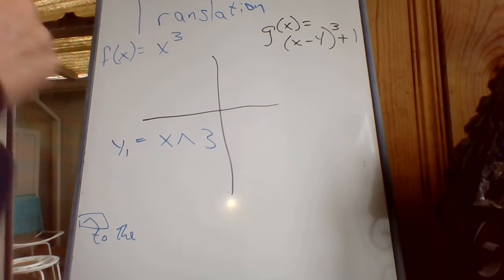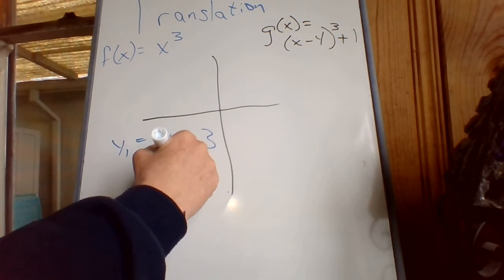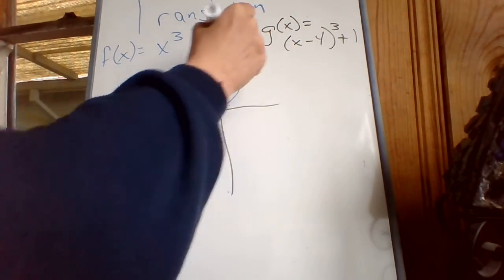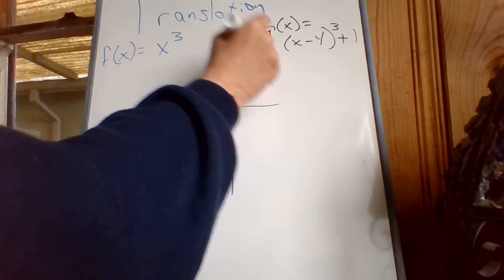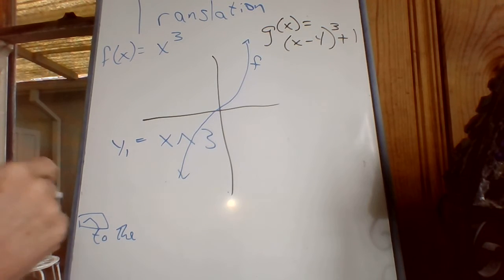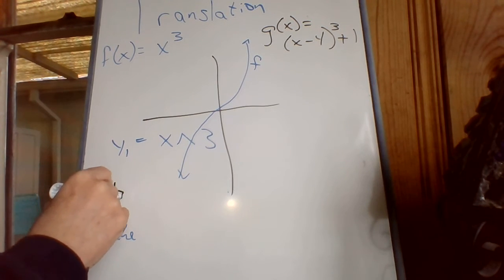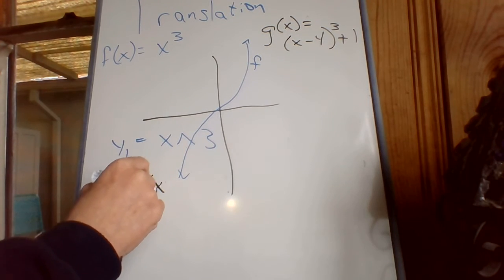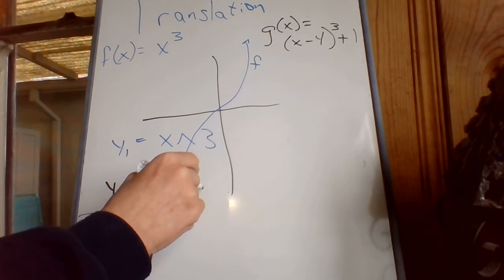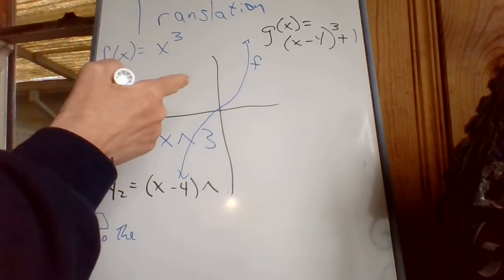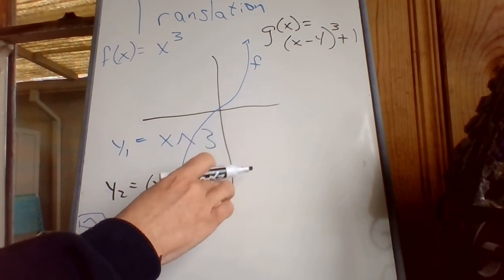And what my calculator says is something like this, kind of a little S-shaped thing. And then now into Y2, I want to put in a parenthesis, X minus 4. Then I want to hit that to-the button. As I said, if yours actually makes a little tiny box up there, it's not going to print to there.